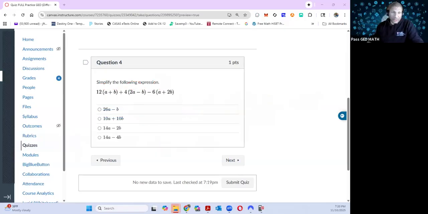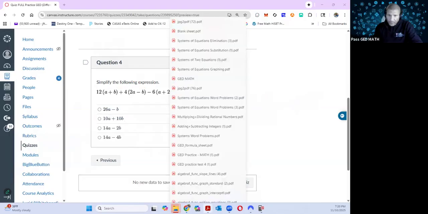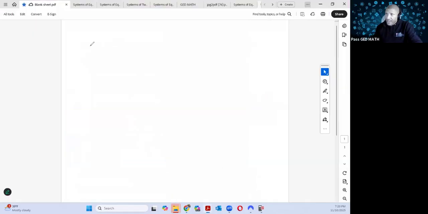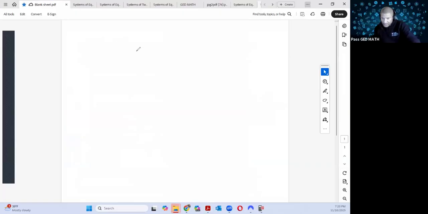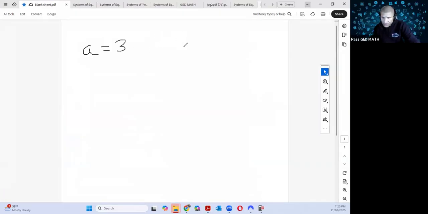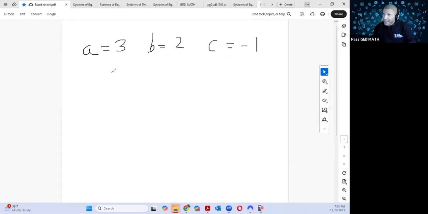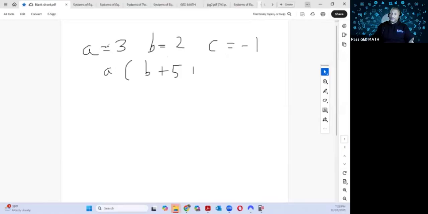So let me look at this one that she just sent in my email. Let me go to a blank sheet real quick because I'm going to have to write it down, because by the time I load it up and change it, it's going to be forever. So it says A is equal to 3, B is equal to 2, and C equal -1. A times B plus 5 plus C. So wherever A is, I'm going to put a 3, in parentheses.